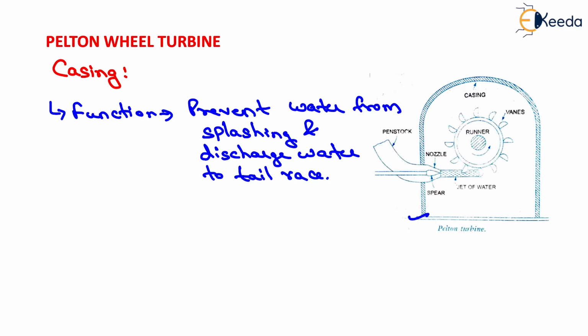It also acts as a safeguard against accidents. It is made of cast iron or fabricated steel plates. The casing of the Pelton wheel does not perform any hydraulic function. So that is the functioning of the casing.